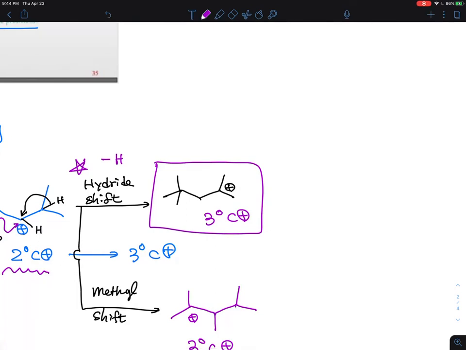And then what you need to complete this elimination one, you now need to lose H plus, because of the base, right? So here, this is the carbon, and that's the carbon.